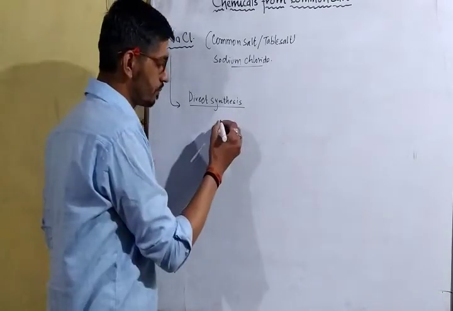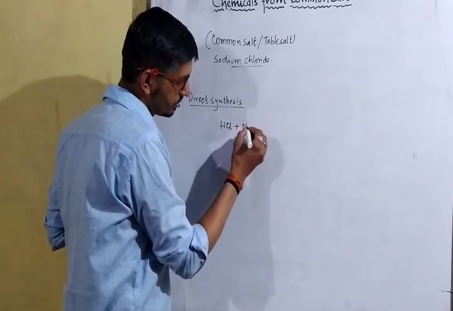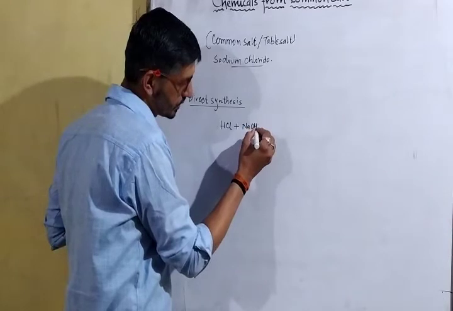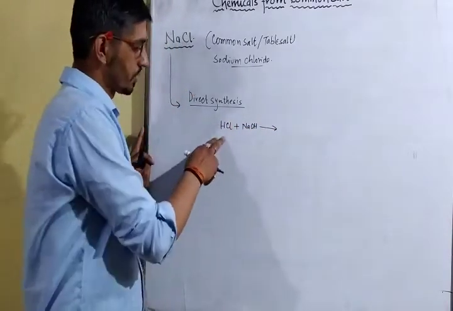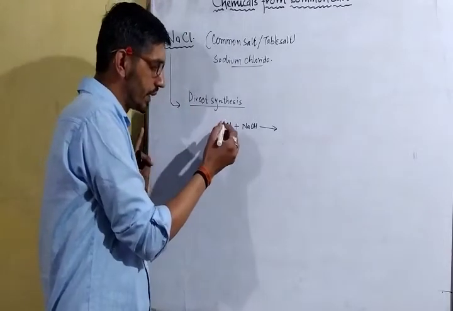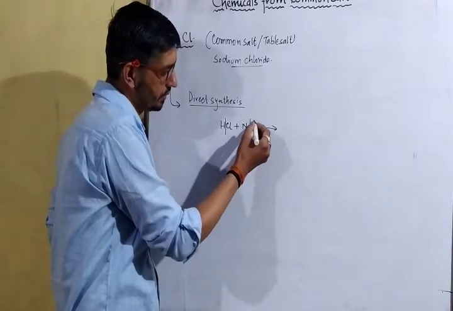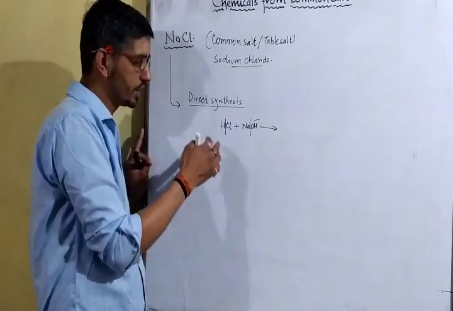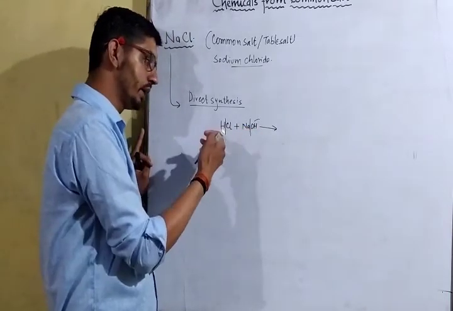So the method is when HCl reacts with NaOH, a strong acid and a strong base. What happens? The hydrogen ion dissociates, and the OH ion dissociates.